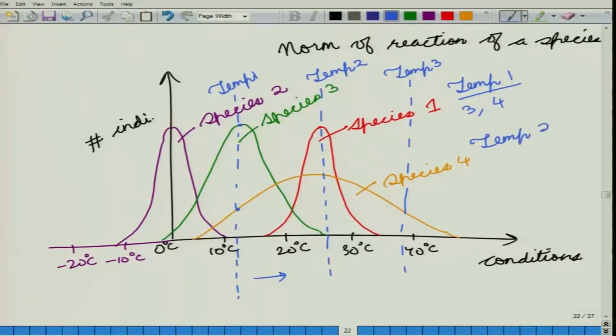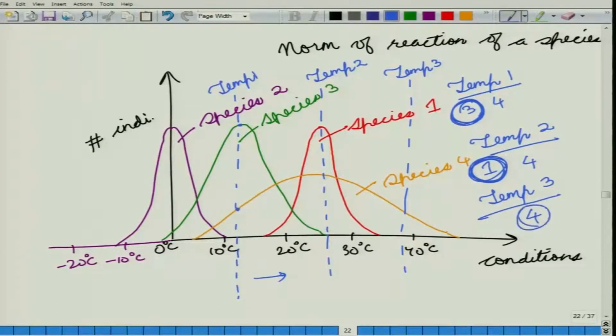Here 3 is found in large numbers, 4 is found in smaller numbers. Now, at temperature 2 we are seeing species 1, we are seeing species 4. Here species 1 is in the majority. Now, if we looked at temperature 3, at this one we only see species 4.